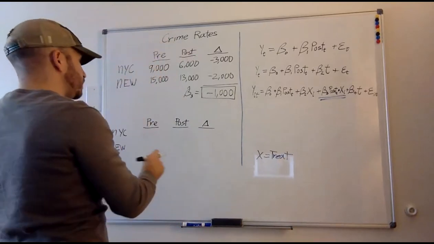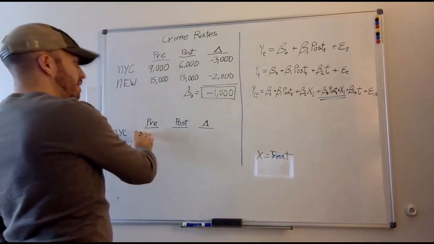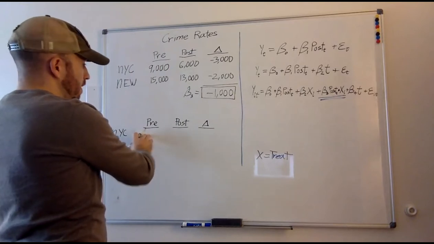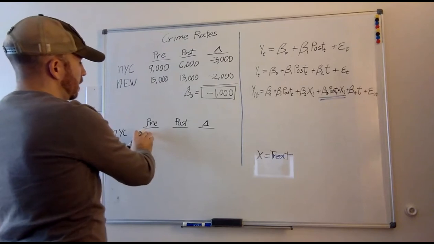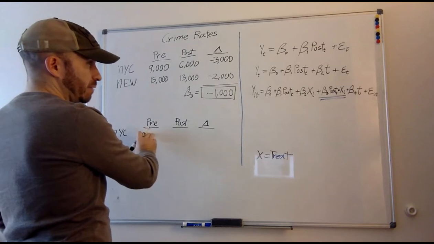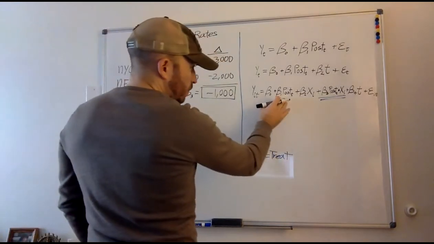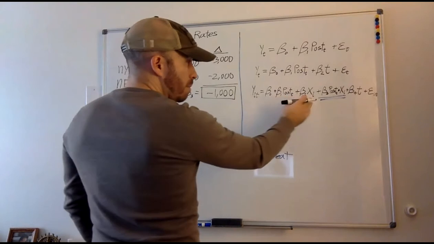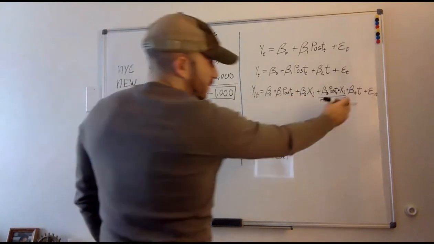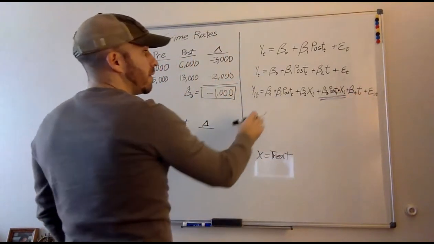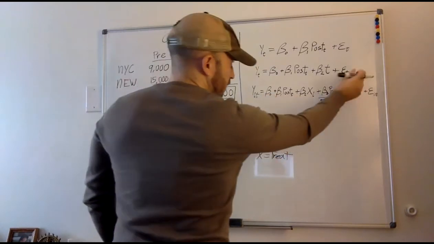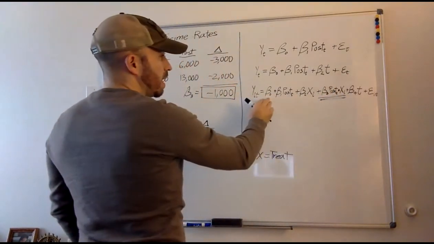So then the expected crime rate in New York City pre-1994 is when post will be equal to 0, but x is equal to 1, right? And we're going to ignore this term over here, so we're imagining this equation without that term, essentially.